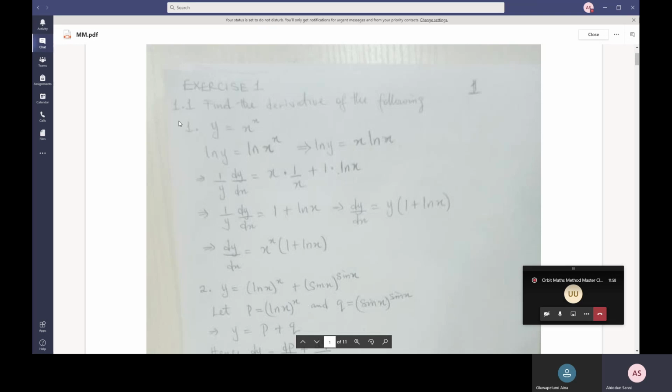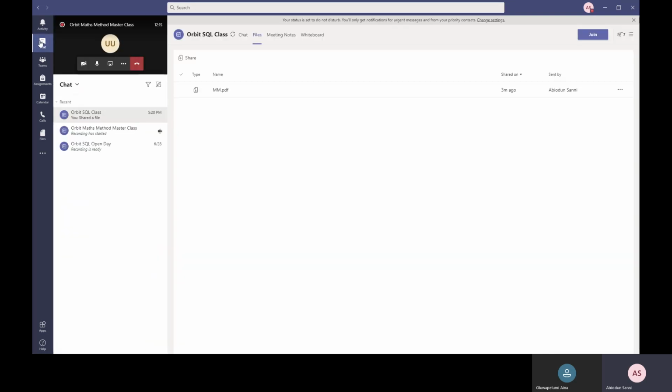So how do we do this? Now this idea comes in. We are going to take the natural log, which is called ln. Let me go to my whiteboard marker.